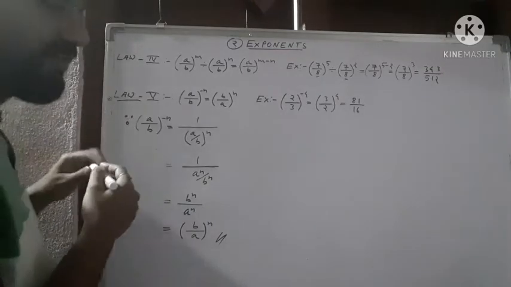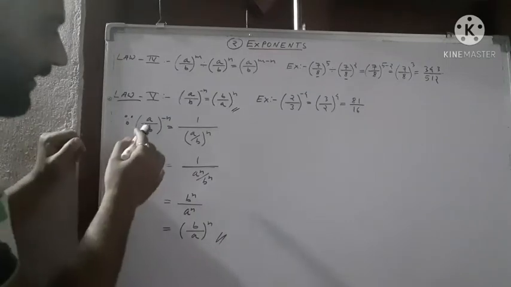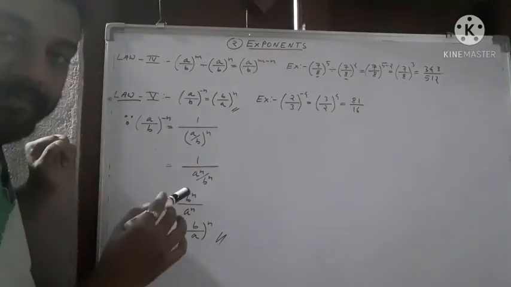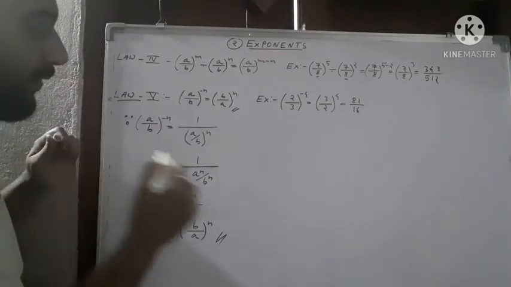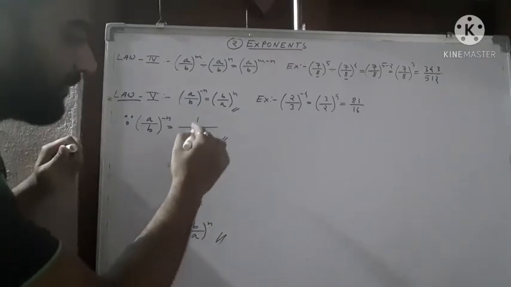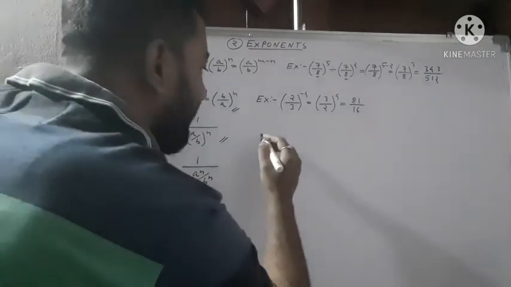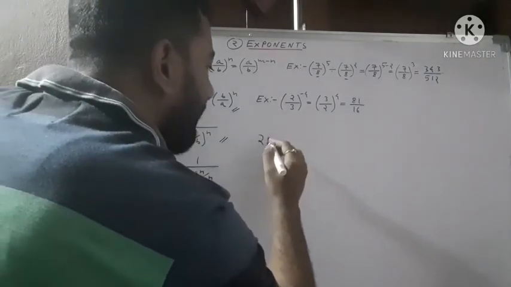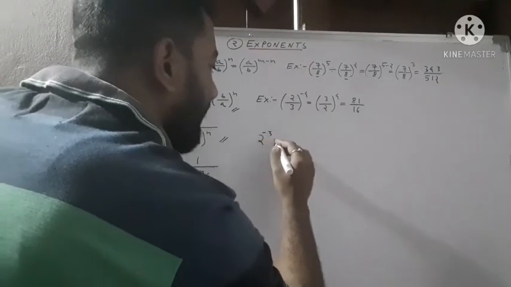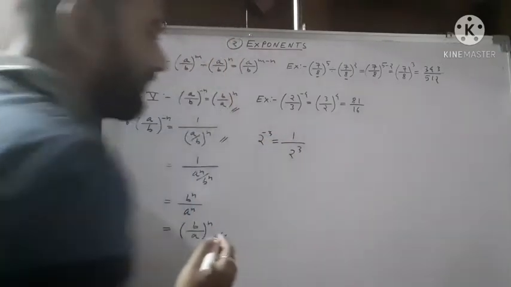So why is this so? Let's understand why it is like this. (a/b) to the power minus n, we can write like this: 1 by (a/b) to the power n. Suppose it is given as 2 to the power minus 3, we can write 1 by 2 to the power 3.